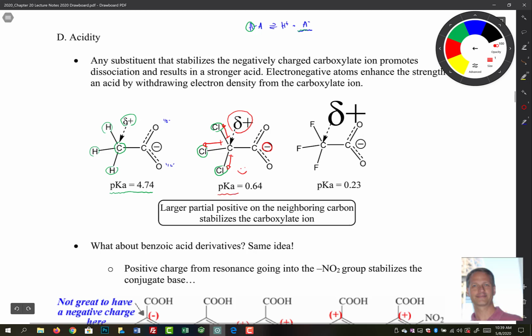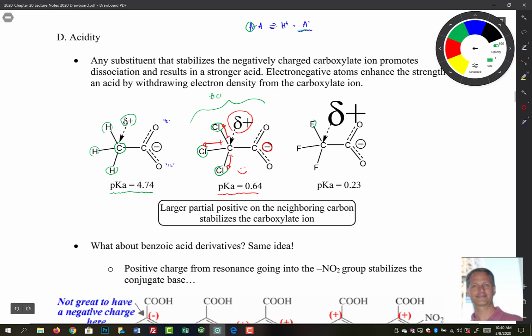And that makes our pKa go down to about 0.64. Now, the other thing that your book goes into is that the number of chlorines will also affect that pKa. So if you have just 1 chlorine versus 2 versus 3, the pKa would go down as the number of chlorine atoms increase. And again, because your delta plus would simply be larger.